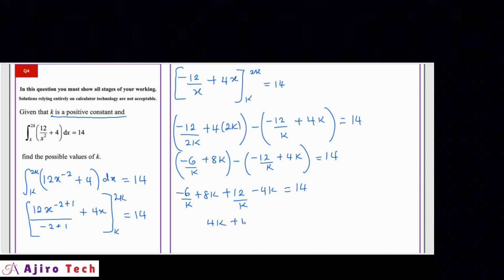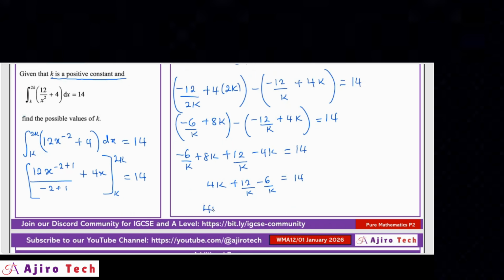Then we have plus 12 over k minus 6 over k equals 14. So can we complete this? If we multiply through by k, we're going to have 4k squared plus 12 minus 6 equals 14k.